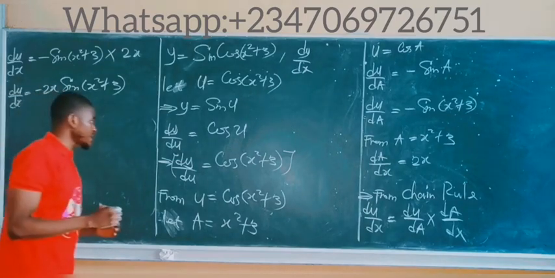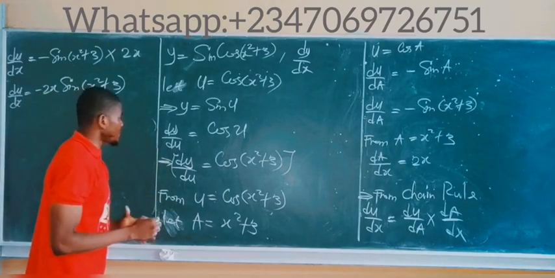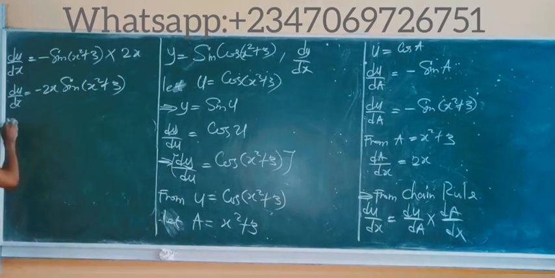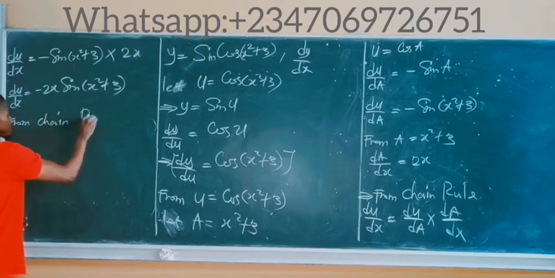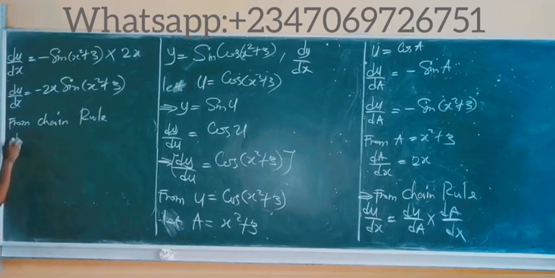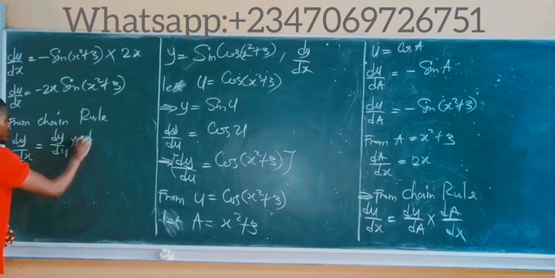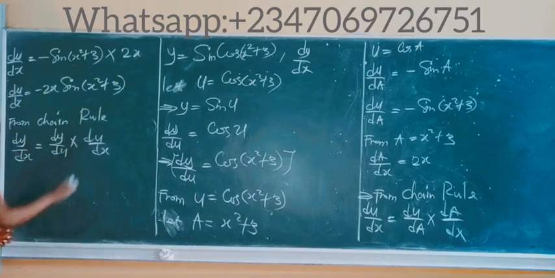So we know du/dx and we know dy/du, so we can find dy/dx using chain rule. From chain rule, dy/dx itself is simply dy/du times du/dx.